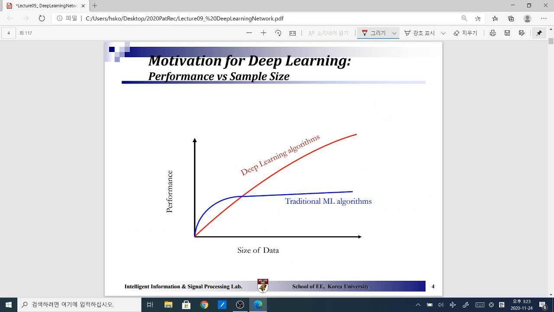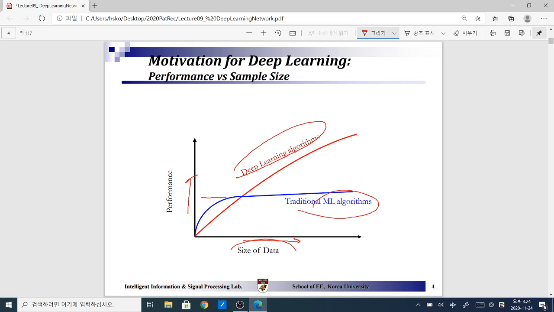Well, one of the reasons why deep learning algorithm has been very popular is because with the size of the data set or the training data set increasing, the performance keeps increasing. Whereas for the traditional machine learning algorithms, there seems to be some sort of a ceiling that it does not improve any further than a certain threshold.